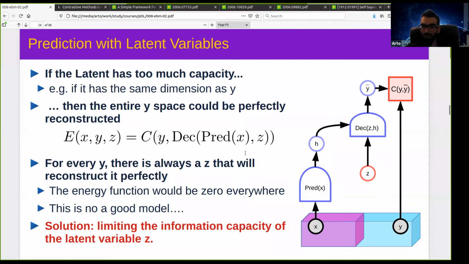So the energy function value will be constant because to obtain this F of x, y, we minimize E over z, and if z is unrestricted, we can always find minimal energy for each data point, right?